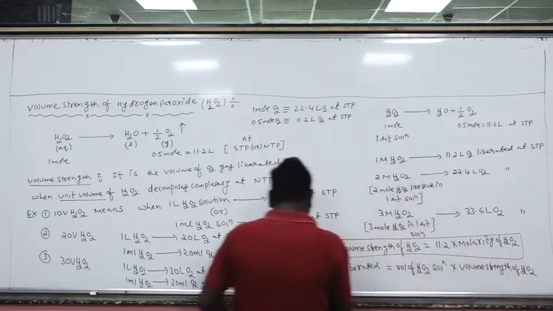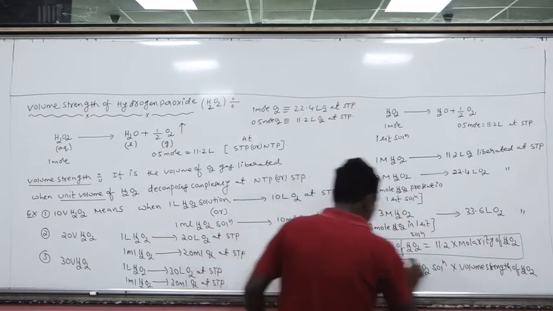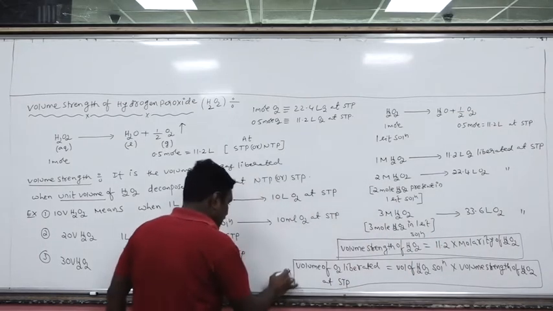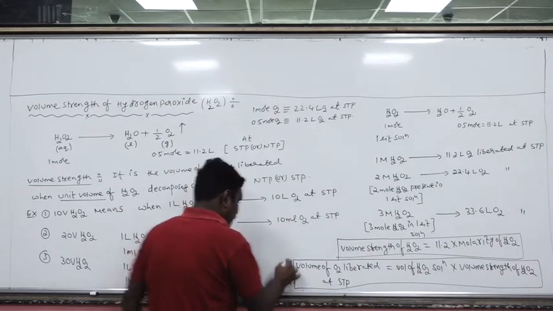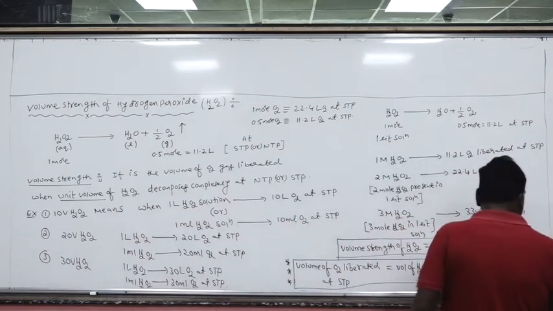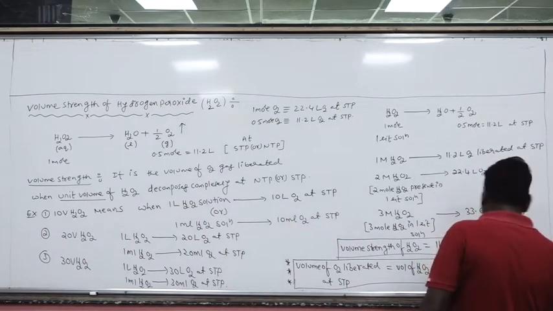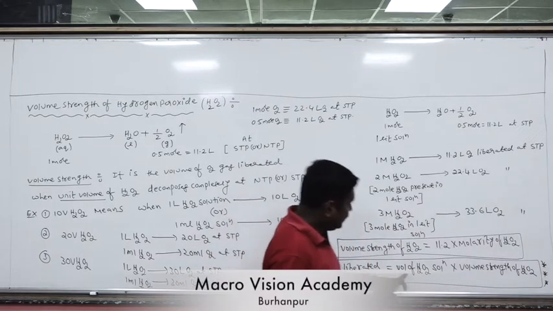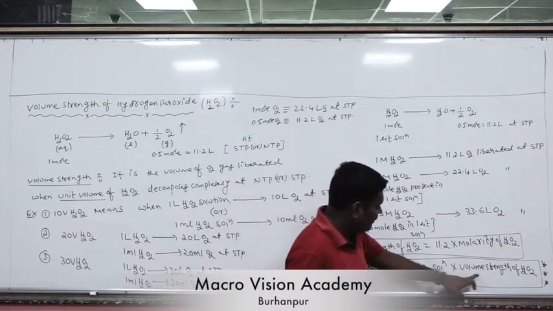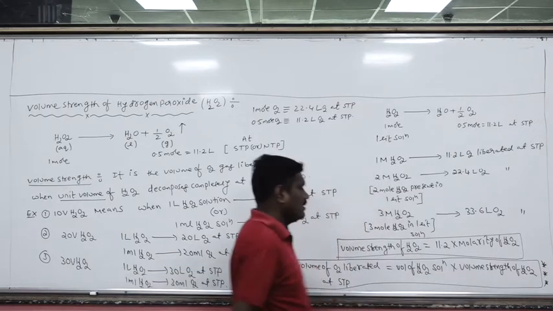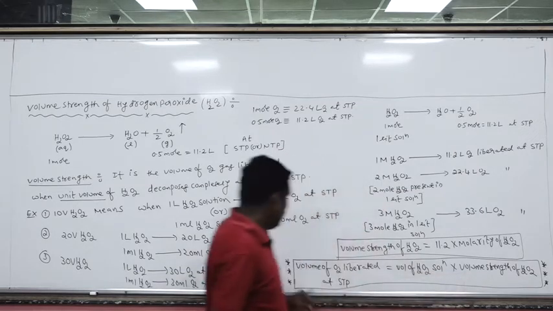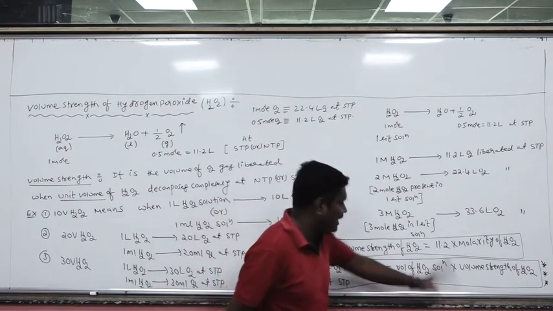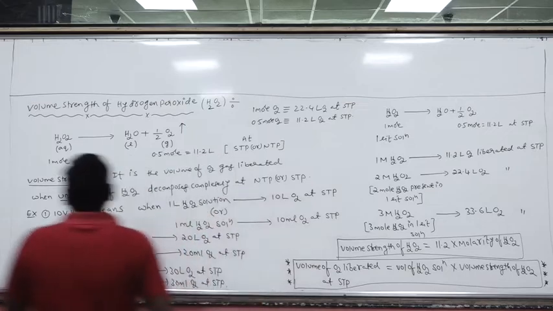This is another very important formula regarding the volume strength, volume of H2O2 and volume of O2 liberated. Now if volume of O2 and volume of H2O2 are given to you, shall we find the volume strength of H2O2? Yes. If the volume of O2 liberated is given, shall we find the volume of hydrogen peroxide solution? Yes.